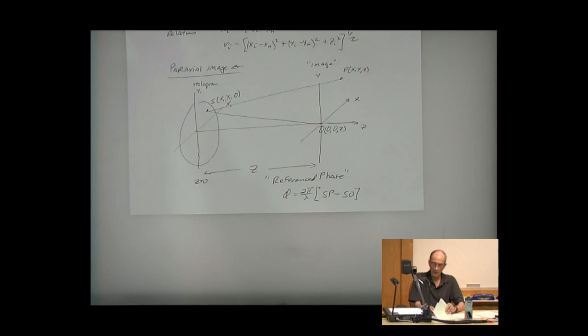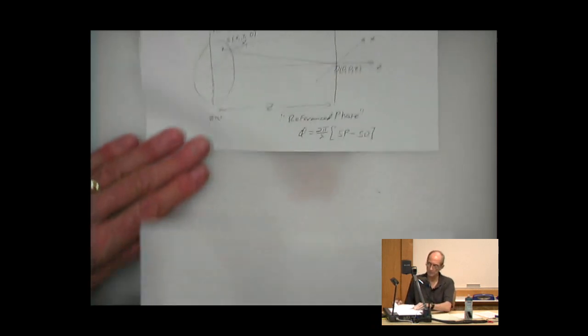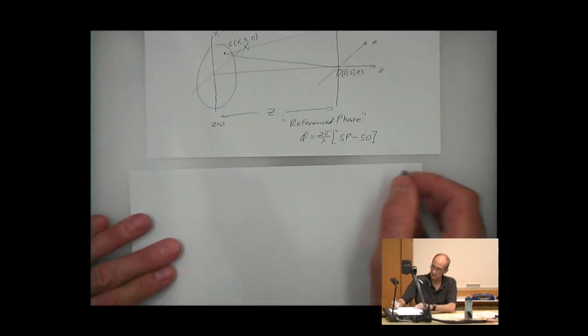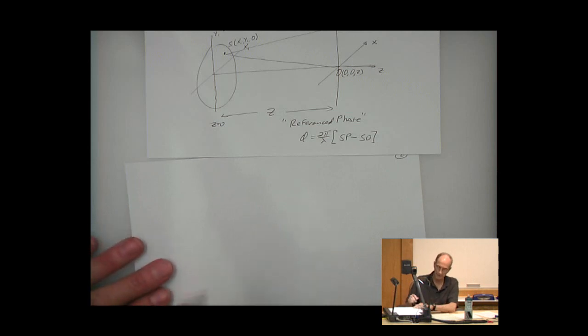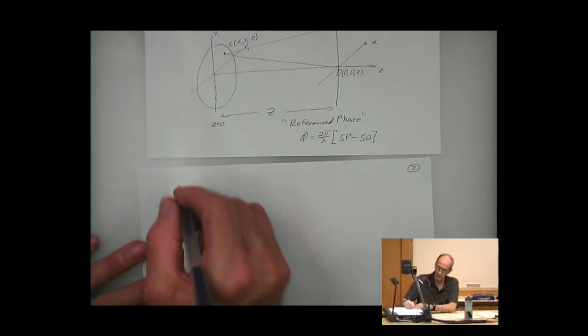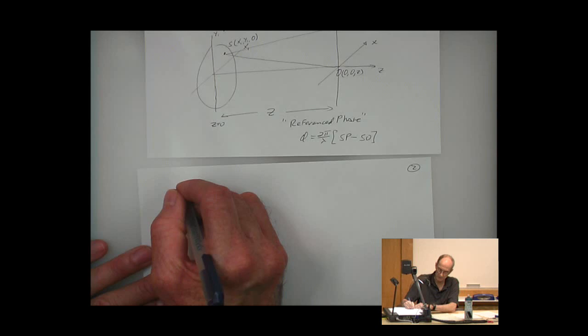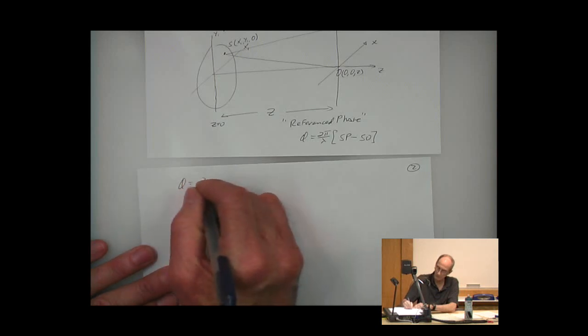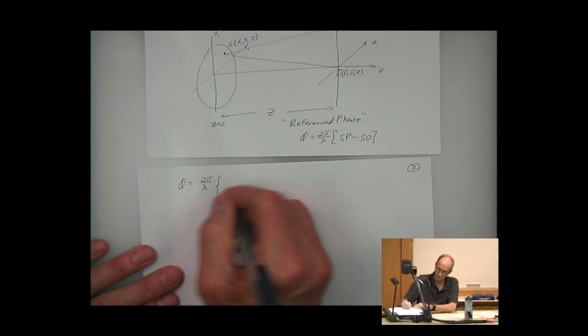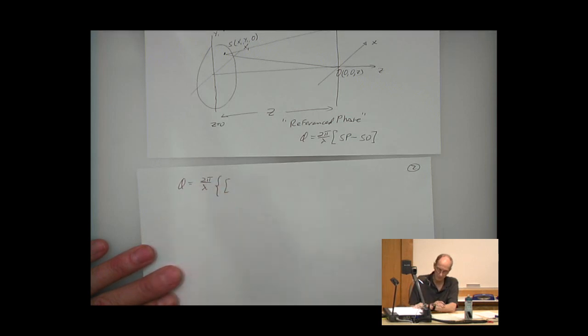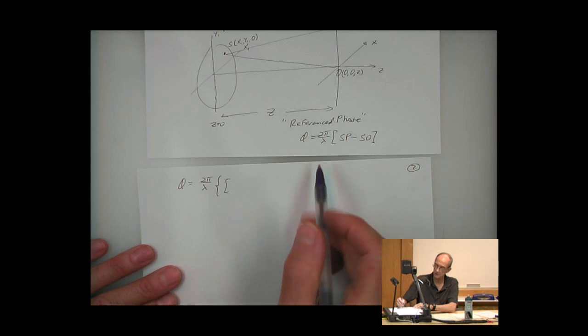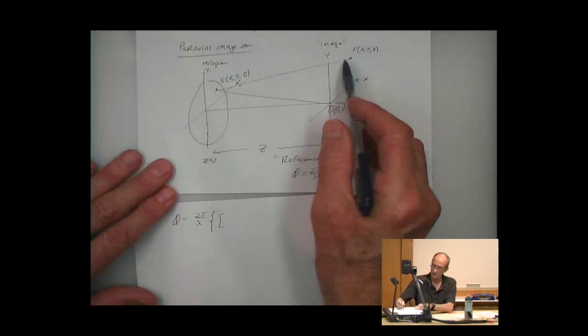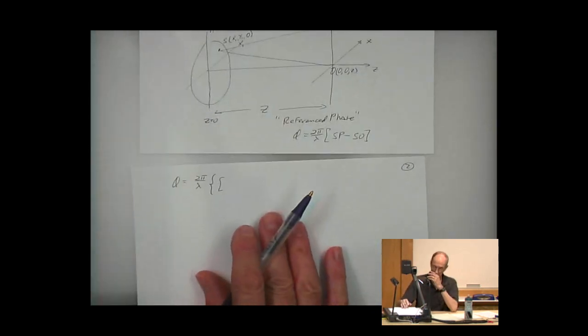All right, so if we develop this now, write it out in terms of our coordinates. So this phase, phi, is now, again, 2 pi over lambda. And so we have our difference in distances. So we have this distance and that distance. We take the difference of those.